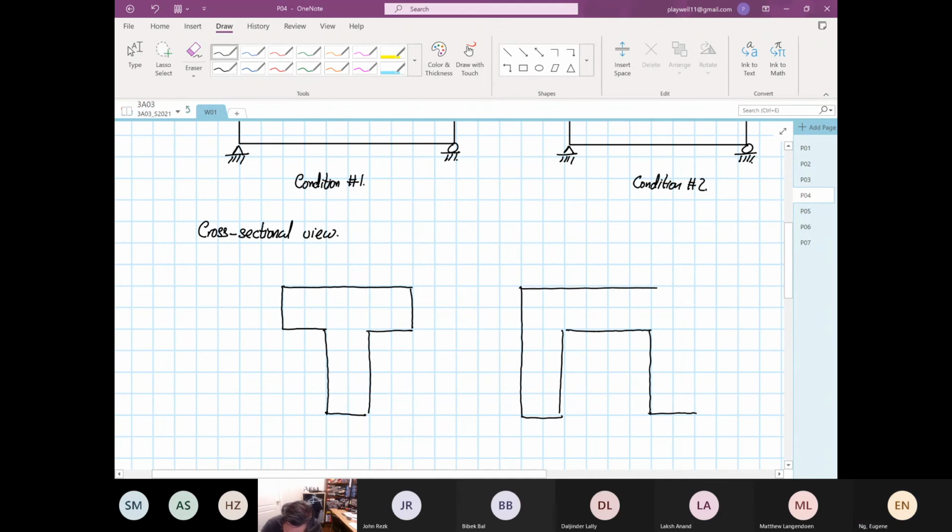If I draw our axis, this is Y, this is Z, rotation about X, and it's the same. I'm going to label this as our centroid.